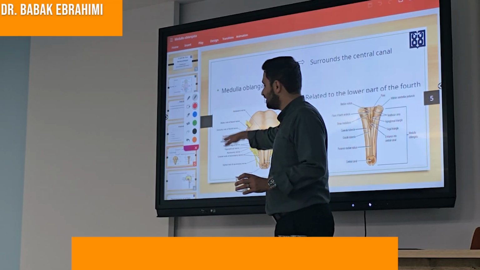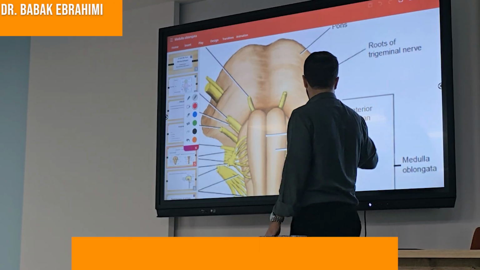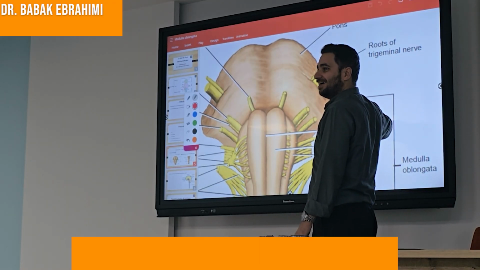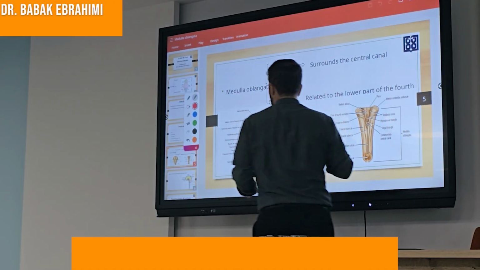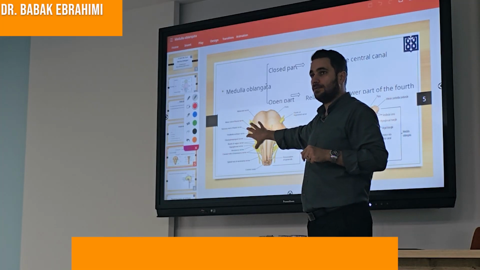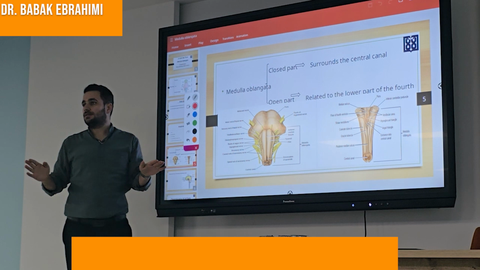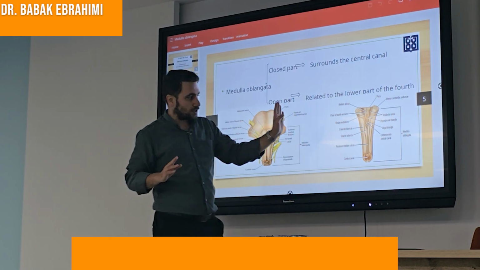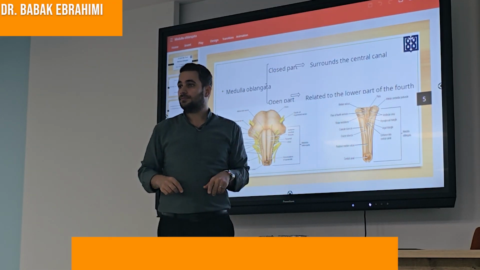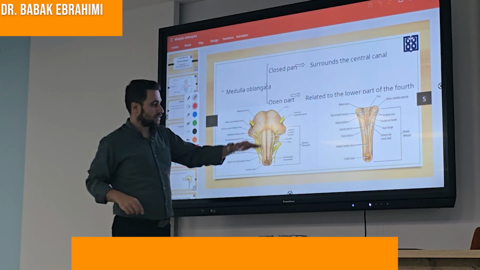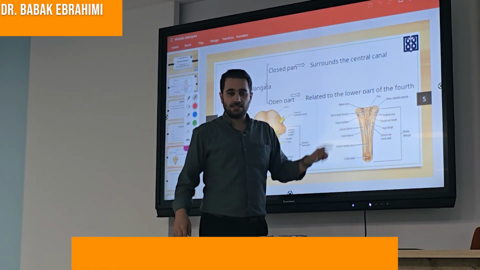Imagine that this is hidden. Okay? You just see. Tell me, this is anterior or posterior? How you can understand? Look at here. If you look at the anterior view of the medulla oblongata, all parts of the medulla oblongata is closed. But if you look at the posterior view of the medulla oblongata, you are seeing an open part. Okay? Look at here. All parts is closed. But here, this is open. Why this is open?